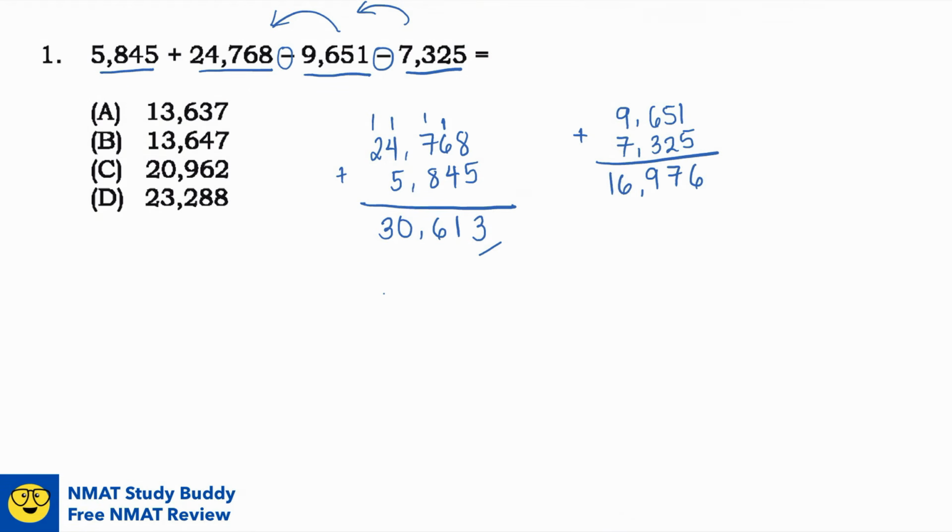Tapos, since negative yan, ima-minus natin sila sa 30,613. So, 30,613 minus 16,976. So, dito kailangan alam nyo mag-subtract muna. So, dapat alam nyo kung paano mag-borrow ng numbers. Dito, since hindi natin pwedeng i-minus yung 6 sa 3, we need to borrow dito sa 3 para tuloy-tuloy na tayo.